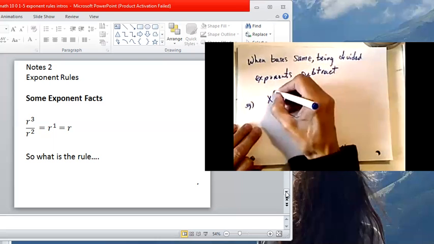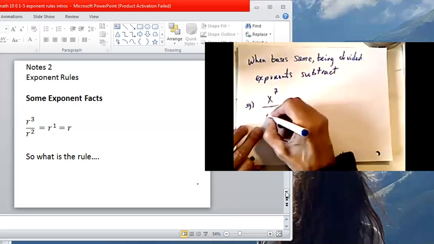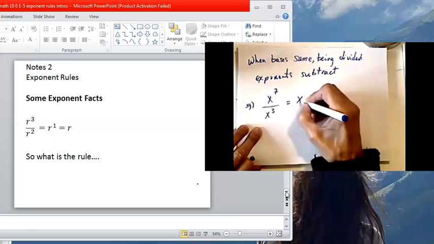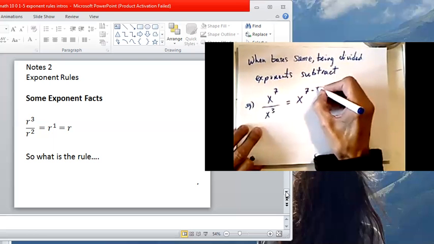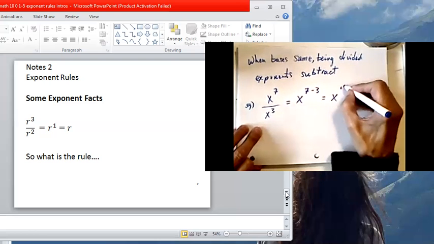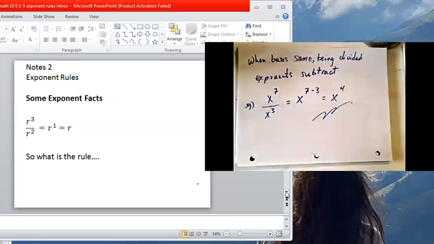So x to the 7 over x cubed, you go 7 minus 3. And that leaves x to the power of 4. Beautiful. Excellent.